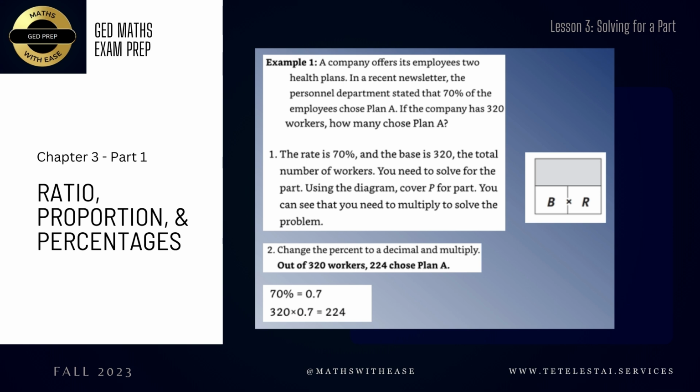Because we know that 320 is the total number of workers, and we're given a percentage, right? And how do we know that 320 is the total number of workers? Well, it simply tells us that the company has 320 workers. The whole part. Yes, exactly.